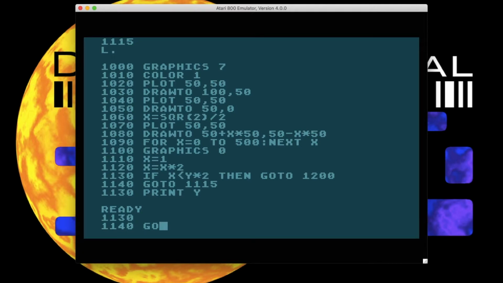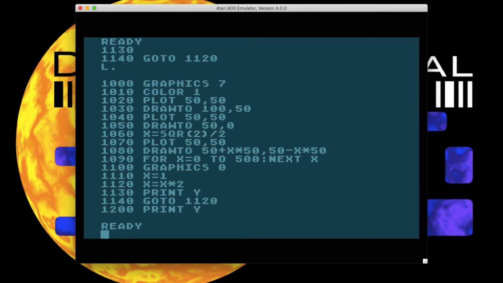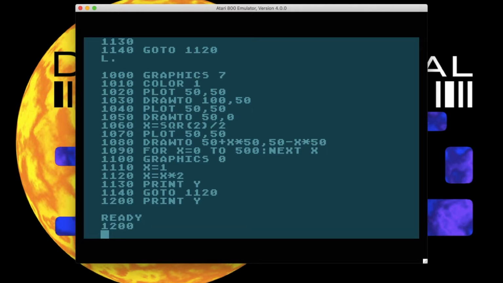Go to 1120. We need to print x. 1200 go away. We need to print x and not x.